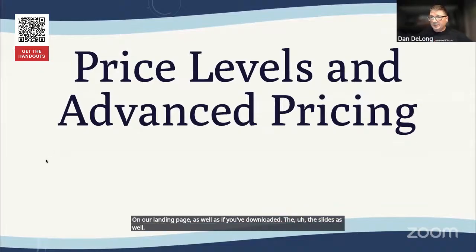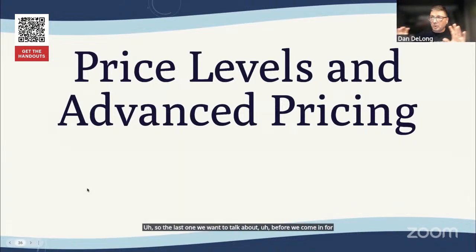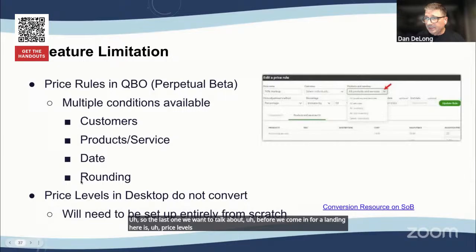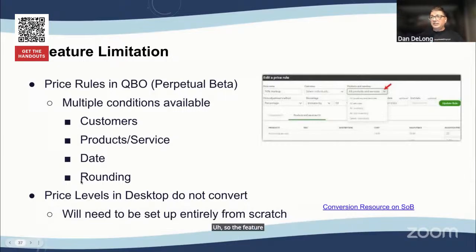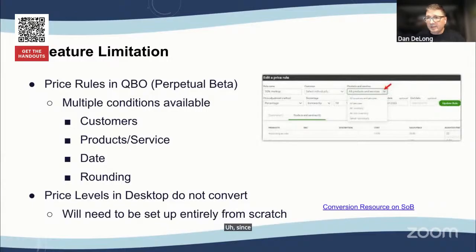So the last one we want to talk about before we come in for a landing here is price levels and advanced pricing. So the feature limitation is price rules in QuickBooks Online has been in perpetual beta since the feature was introduced. But you do have the ability to do multiple conditions.